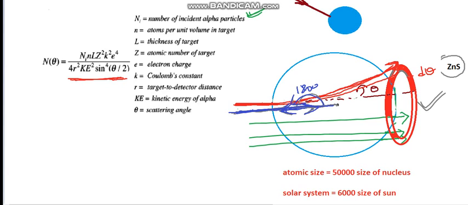That's how the scattering angle affects the number of alpha particles which are scattered.